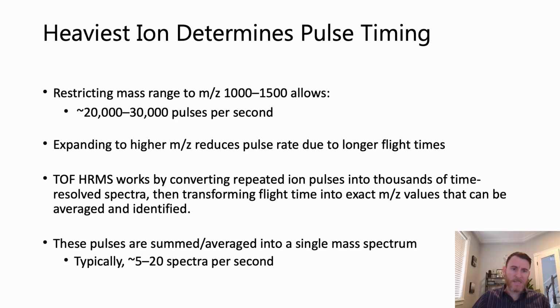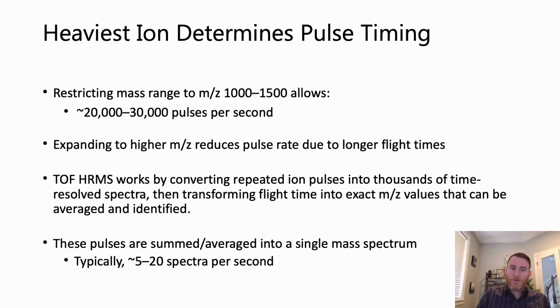In this case, you're getting 20 to 30,000 pulses per second. That's a ton of data. Expanding to higher M over Z's, so higher masses, reduces your pulse rate because you have longer flight times to account for.